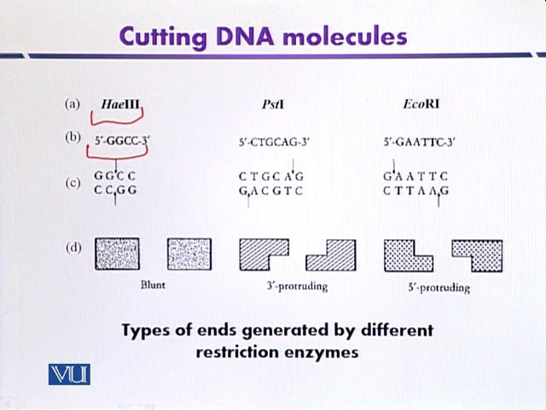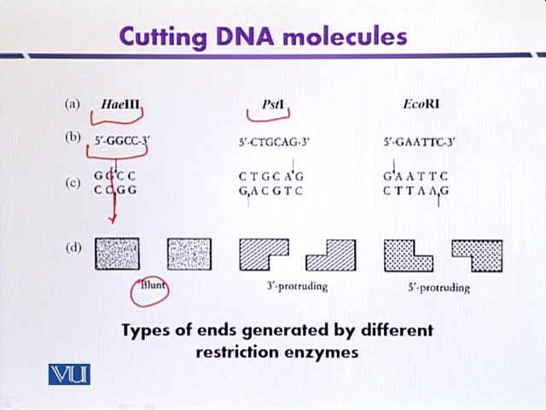Mostly, for the sake of convenience, a recognition sequence can be represented by even a single strand, like 5' to 3'. So, HaeIII recognizes GGCC, and when it cuts the DNA from here, at this recognition site, it produces a blunt end. Blunt end means there are no single-stranded protruding overhangs, like in the case of PstI.